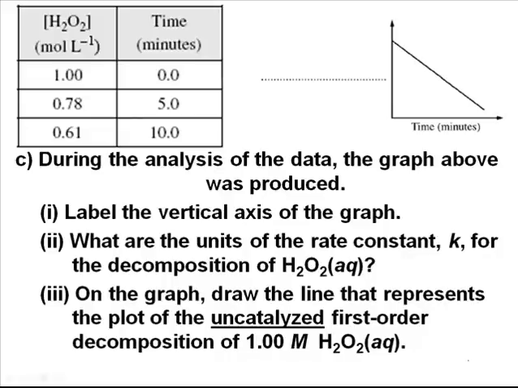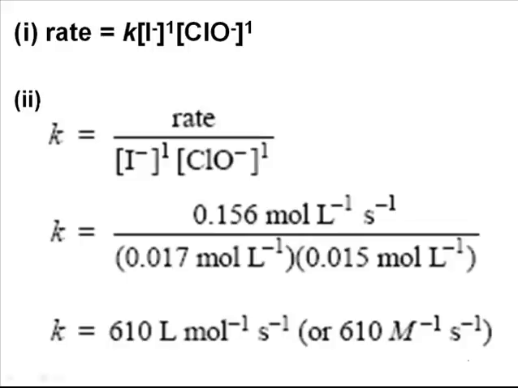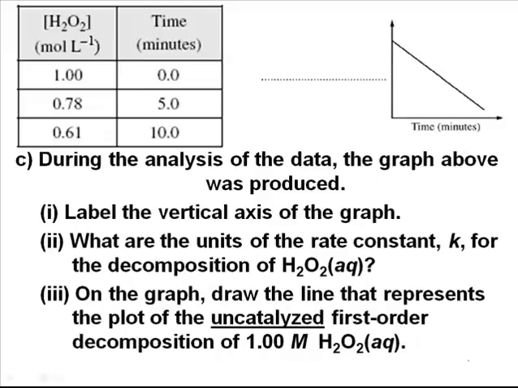What would be on the vertical axis of the graph? What order is this reaction? First order, because it's 1 and 1 and you add them, so it's 2.